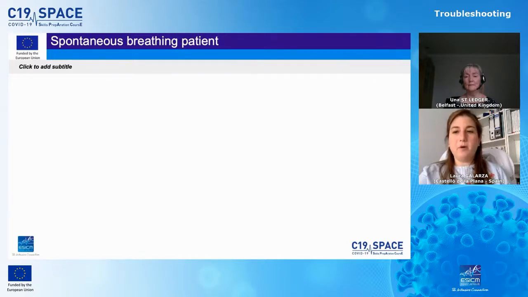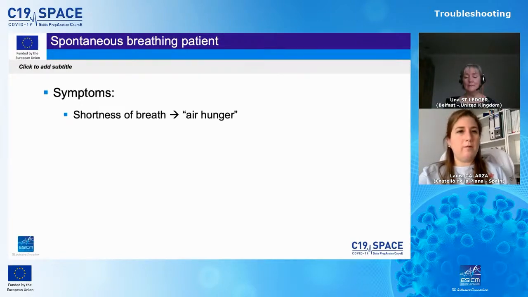An awake patient usually complains before an alarm beeps. That's a characteristic that differentiates them from sedated patients. We could see the following symptoms. The patient will complain of shortness of breath, or as we sometimes call it, air hunger, which is a sensation of not being able to breathe in sufficient air.